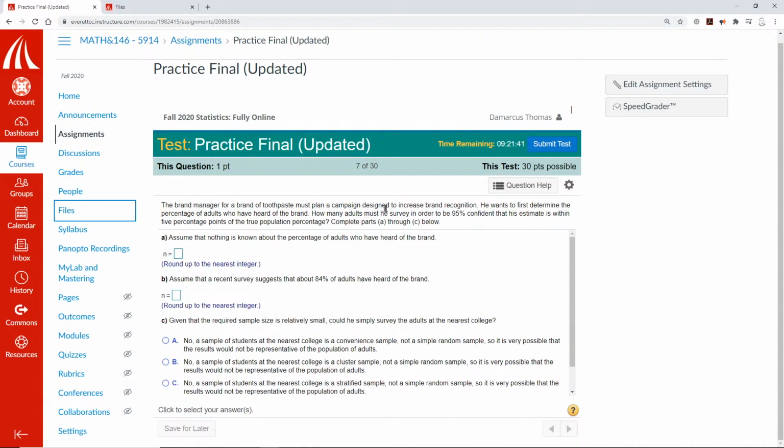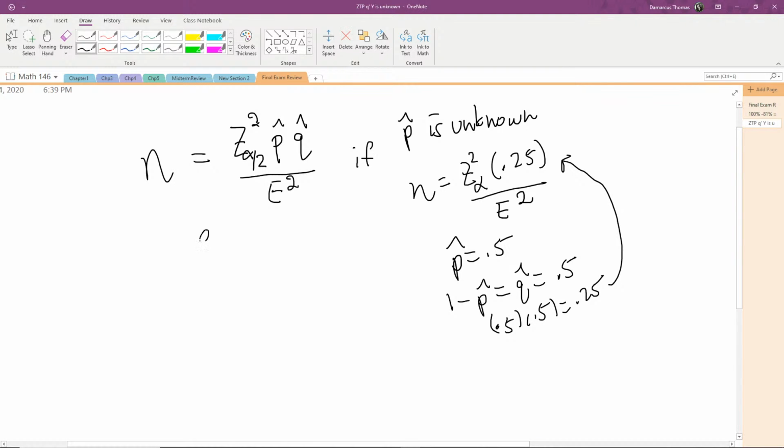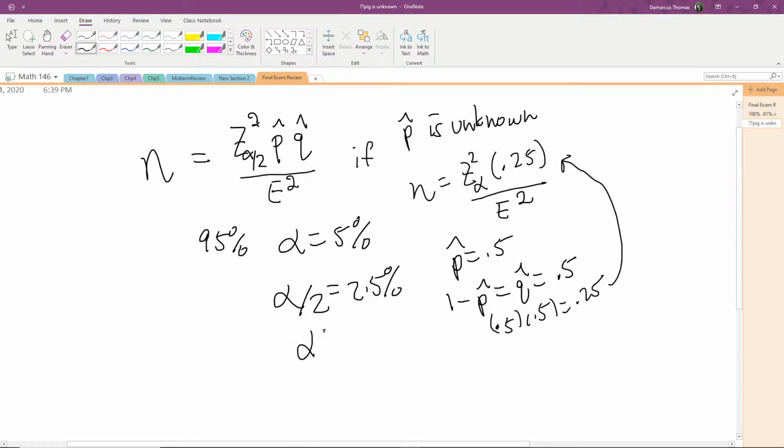They give us the 95% confidence level. So alpha is 5% and alpha over 2 is 2.5%, which means alpha over 2 is 0.025.